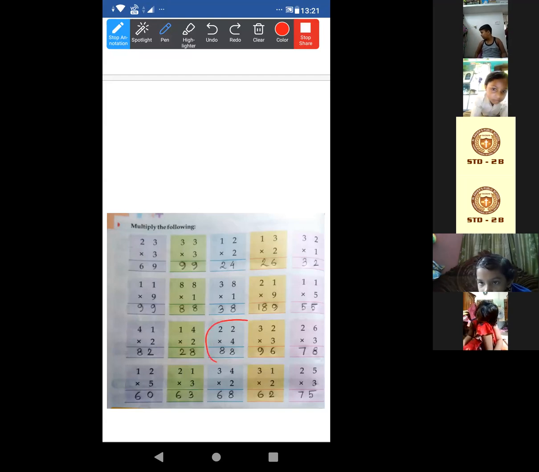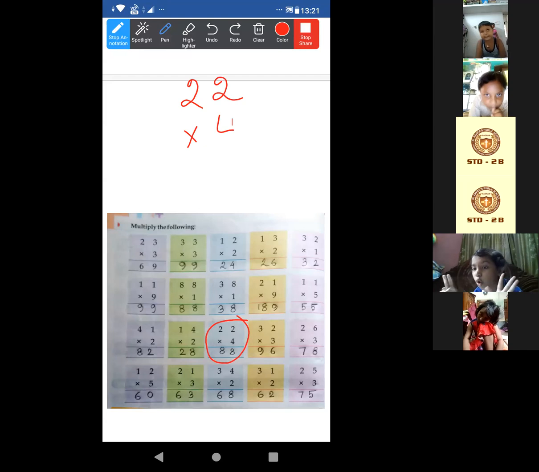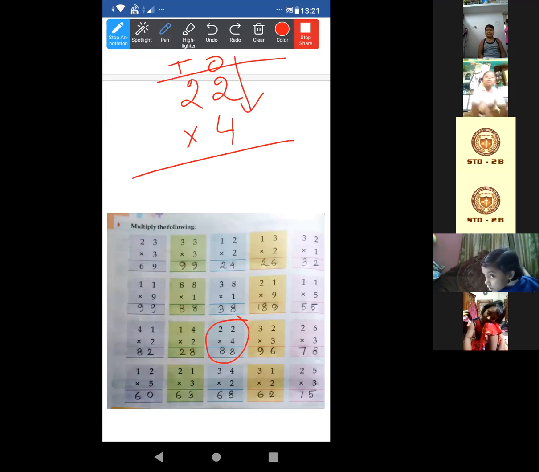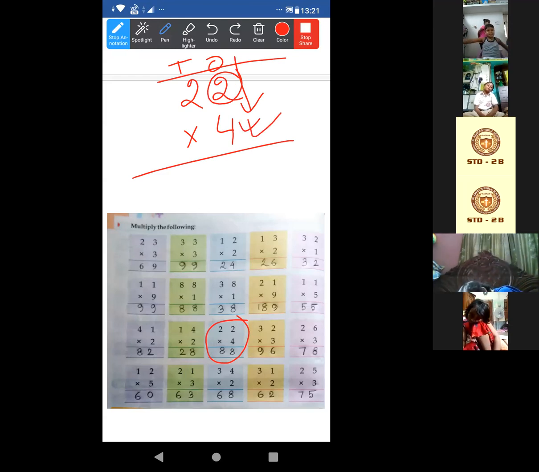Okay, now let me explain this one. 22 multiplied by 4. This is 1's place, this is 10's place. First we have to complete 1's place. It is 2 and it is 4. So 4 2s are 8.